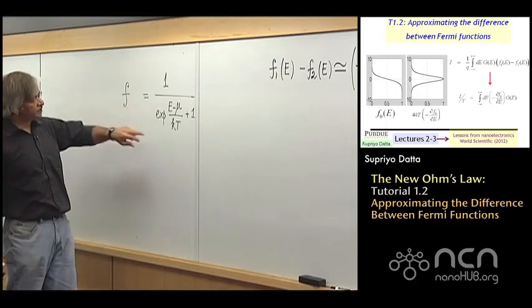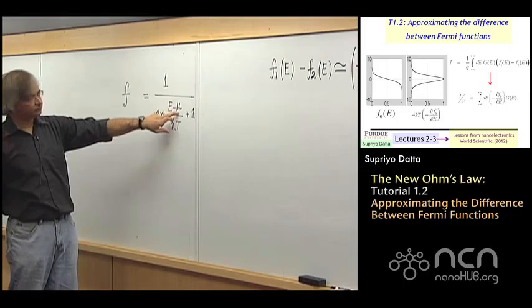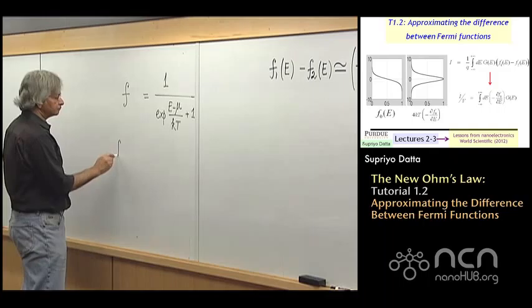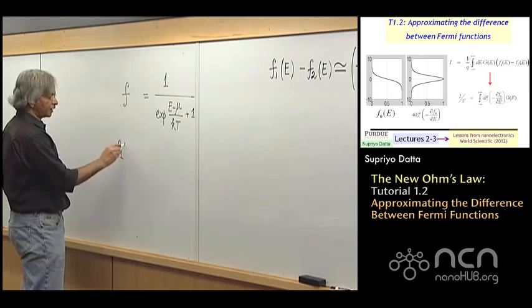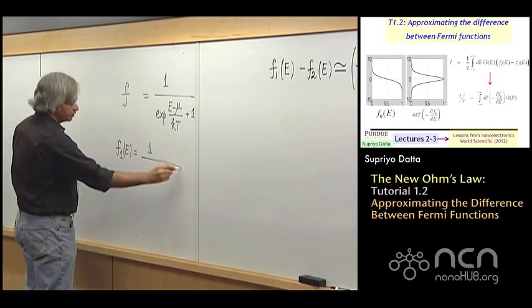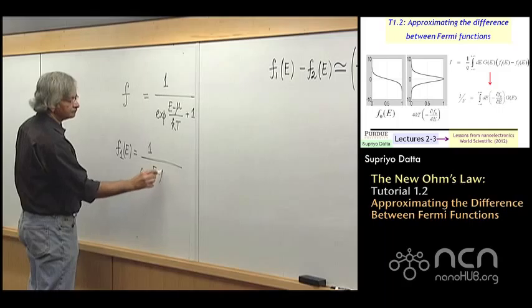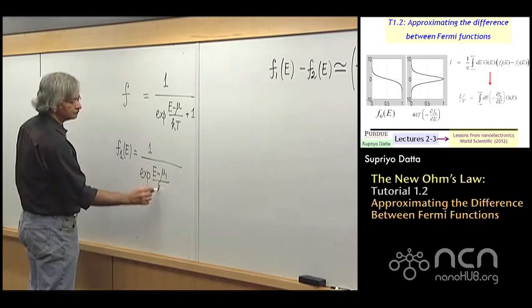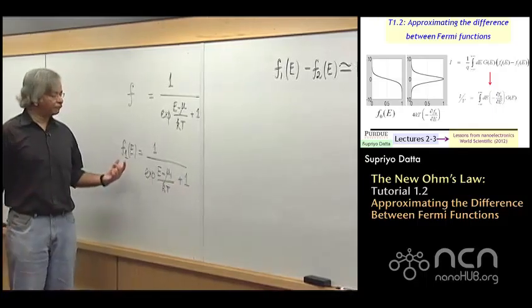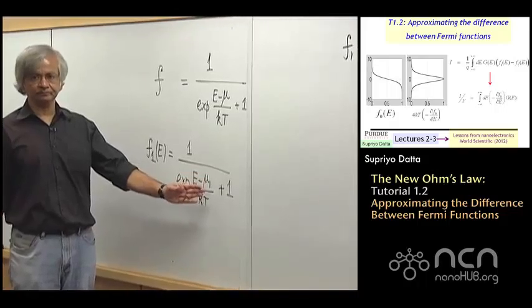Now, you'll see there are two things appearing here: there's an E and there's a mu. So when I write F1(E), what we mean is the Fermi function with mu equal to mu1. Similarly, when you write F2, it's a Fermi function with mu equal to mu2.